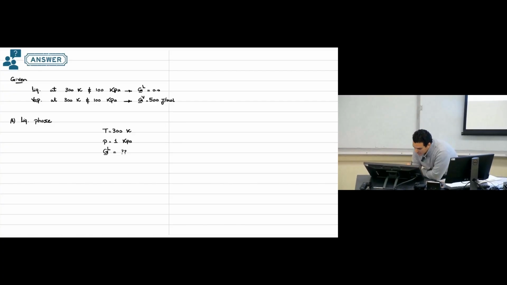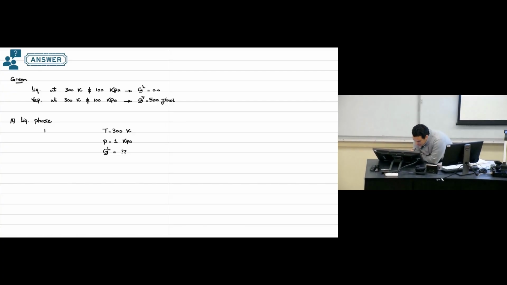And again, based on the given, I know that if I have liquid at 300 Kelvin, at pressure 100 kilopascal, the molar Gibbs free energy for the liquid at this condition is zero. So again, this is the given. And this is the condition that I need to calculate. And this is the required condition.